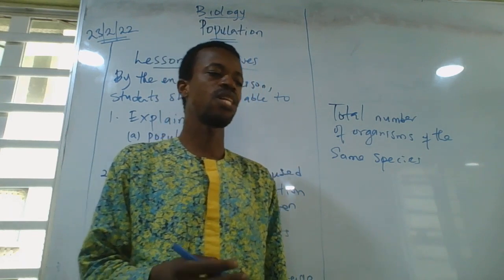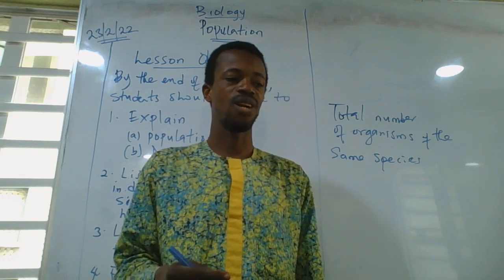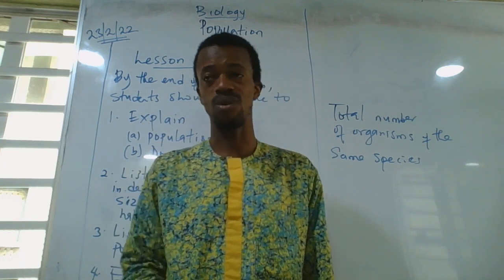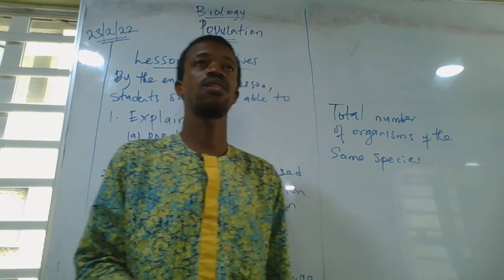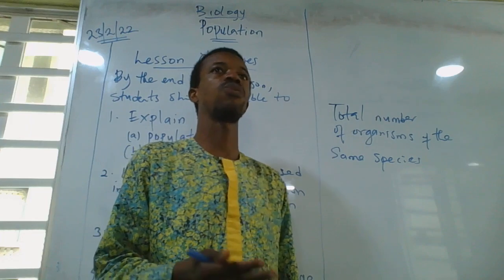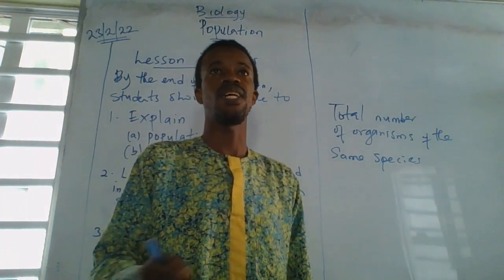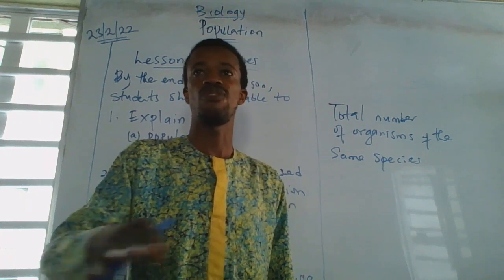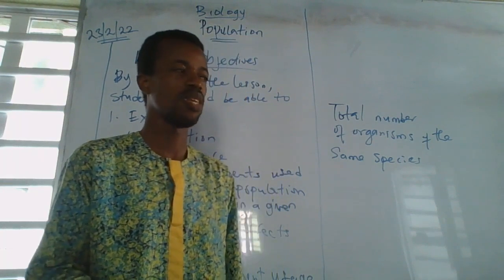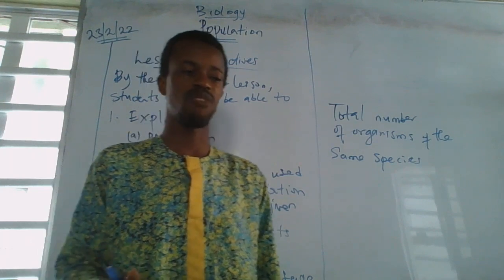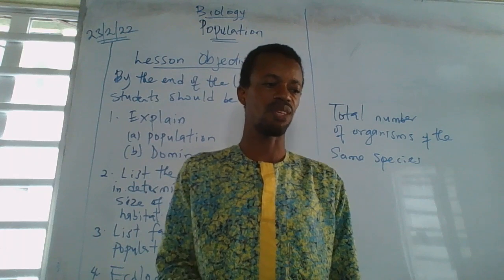So density has to do with the number of a particular species over the area of land that they occupy. As you know, in our physics, when we are talking about density, we have to relate it with the area, that is the area of environment, area of land that is occupied. So population density has to do with the number of specific species per unit area or volume of the habitat.